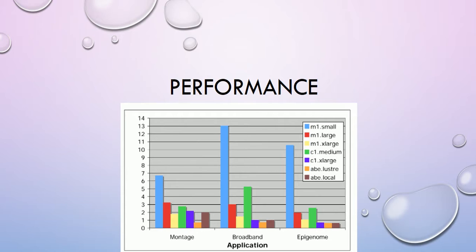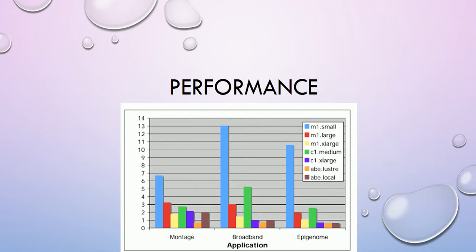So now we come to the performance of all three applications which we are using, and these are the resources. This shows the runtime of the selected application using the resource type as shown. Let's start with Montage. For Montage, the best EC2 performance was achieved by M1 Xlarge, which is the yellow one.